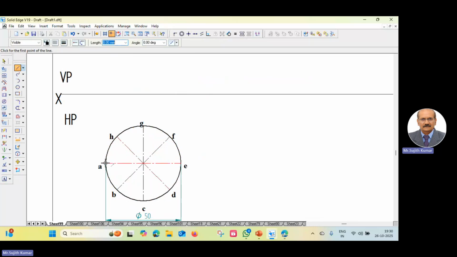Now from point A, draw the vertical up to the XY line to get the front view. From all the points, you have to draw the vertical line to get the front view.